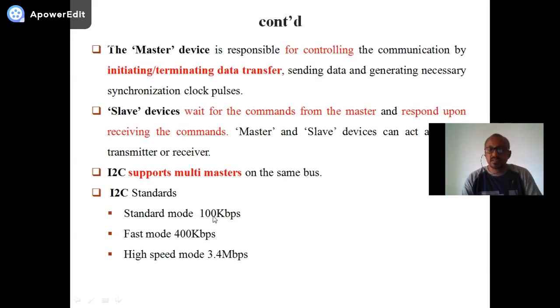I2C standards are capable of handling data rates of 100 kbps, 400 kbps, and even high speed I2C implementations can handle up to 3.4 megabits per second.